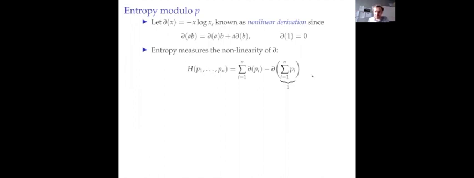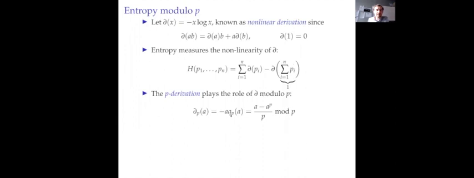So it chooses one particular way to extend the entropy. But anyway, this is how you can think of the normal entropy. And since this Fermat quotient was playing the role of logarithm, then minus a log a and this Fermat quotient is basically like the modulo P version of this derivation.